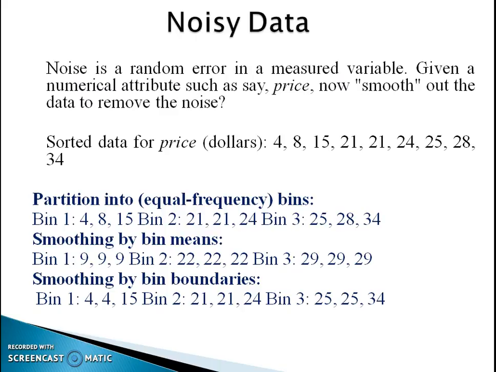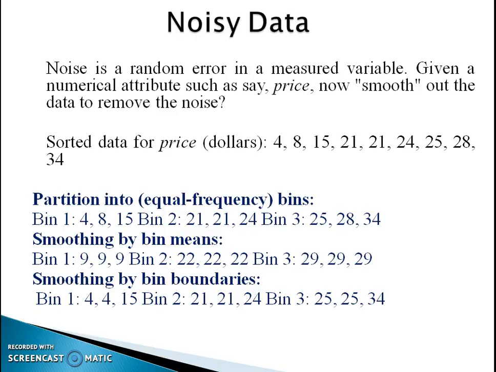These are some data, and we have to sort the data in ascending order. Then partition the data into a number of bins of the same size. In bin 1 we have 3 values: 4, 8, 15. In bin 2 we again have 3 values: 21, 21, 24. In the third bin we have 25, 28 and 34.